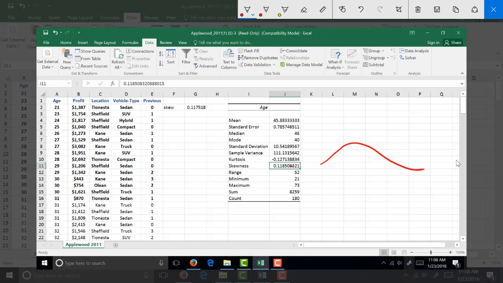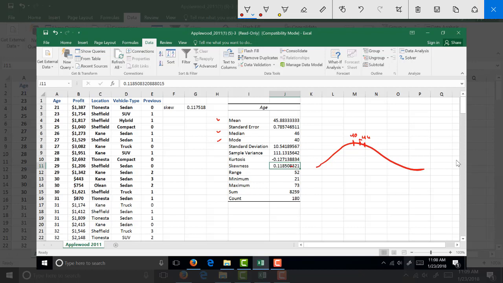Okay, so sorry, my curves are not perfect. But if we think of the relationship between mean, median, and mode, we know median is in the dead center of our data, or the center point. So the median is at 46. The mode, which is our high point, is at 40. And our mean falls within those.